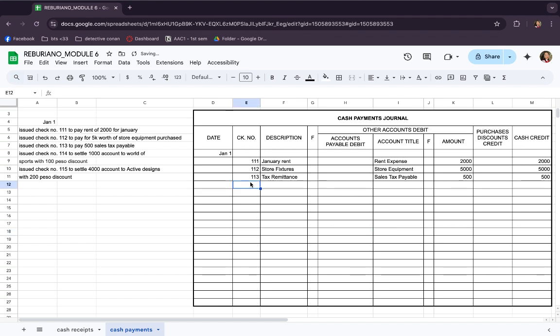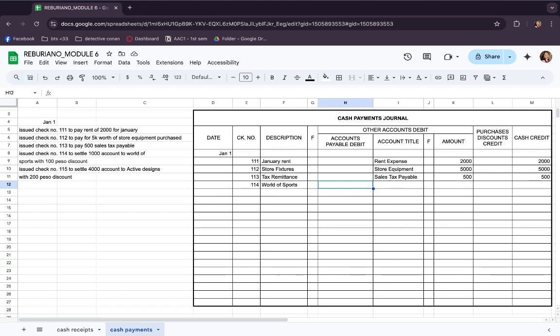Okay, next. Issued check number 114 to settle 1,000 peso account to World of Sports with 100 peso discount. So World of Sports is a business, or a vendor. So in the description, we will write the name of the business. Then, nagkaroon tayo ng decrease in accounts payable.